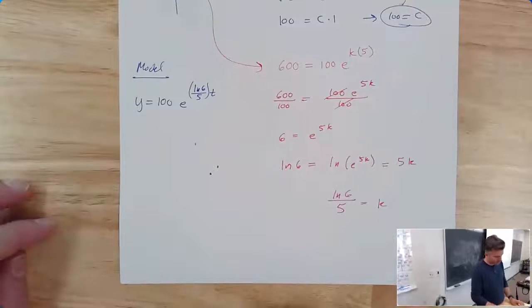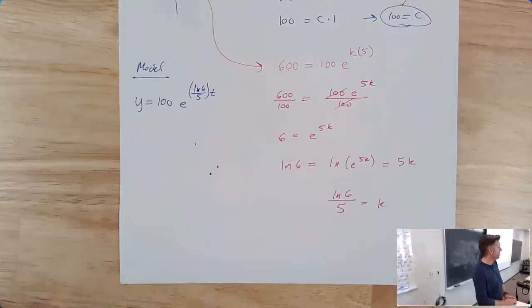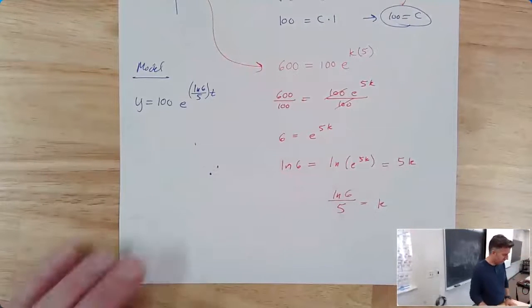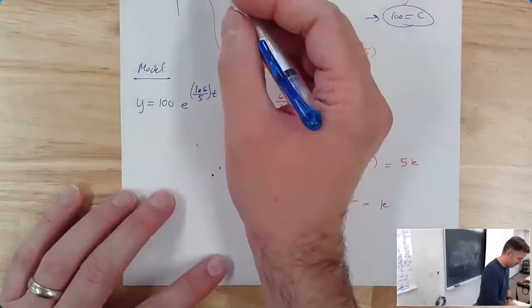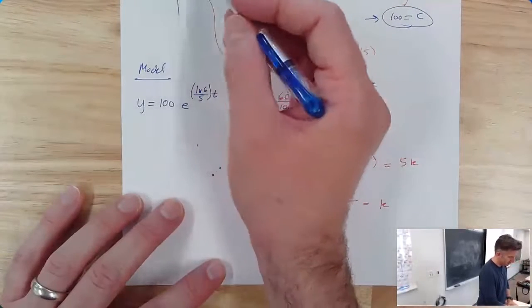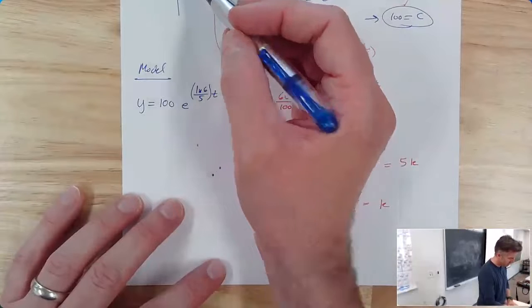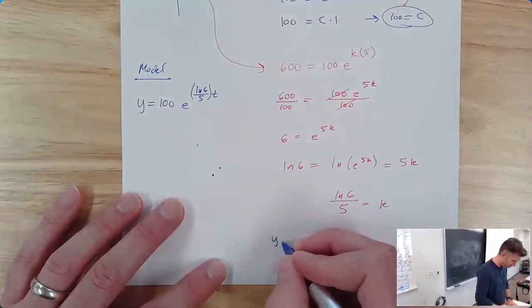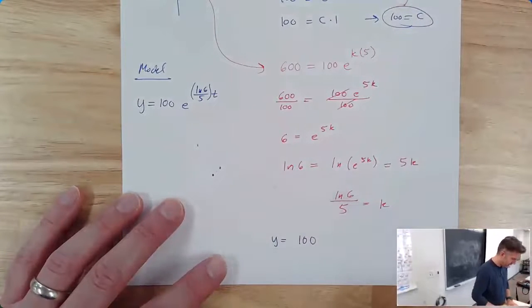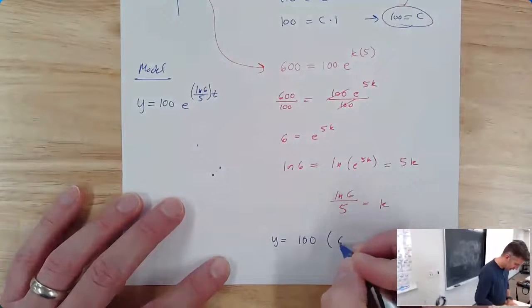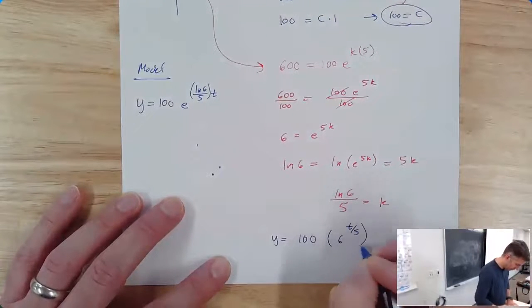Just, I will point out, so I'm going to say something that if it doesn't sound familiar to you, just ignore it. But you might have learned a different way of doing this in a past math class. You might have learned that, oh, if it takes 5 hours for this to multiply by 6, then I could also write this as y equal to 100 times 6 to the t over 5 power.